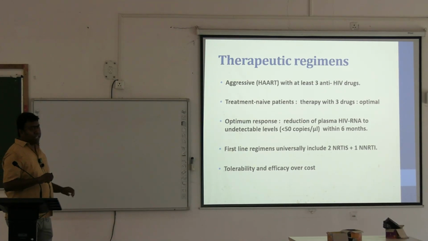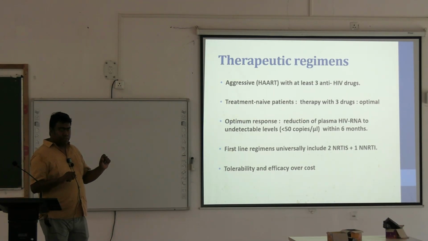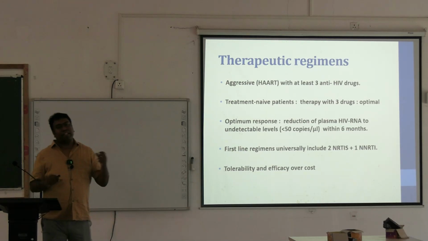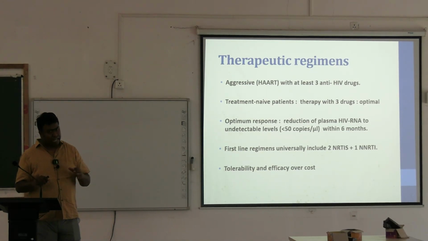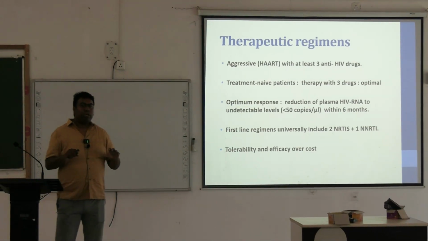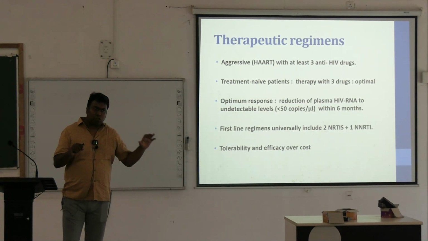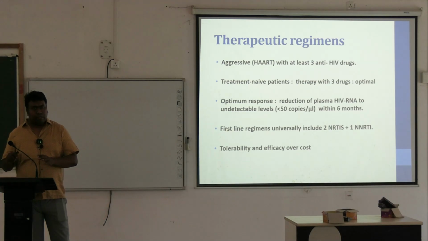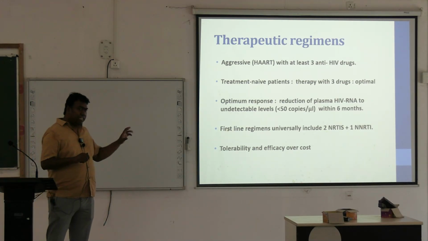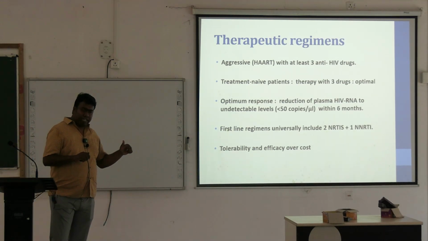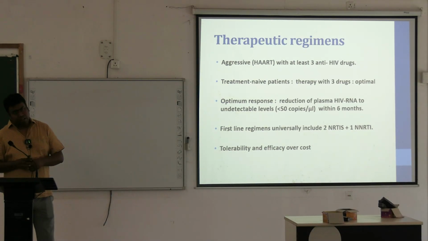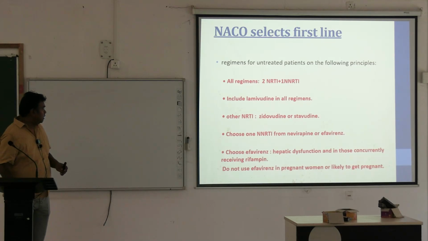Tolerability and efficacy are important: whether the patient can tolerate it, and efficacy. Effectiveness of the drug is more important than the cost. Cost is very high, so we cannot compromise efficacy or tolerability to reduce the cost. So the more important thing is effectiveness of the drug and tolerability by the patient rather than the cost.